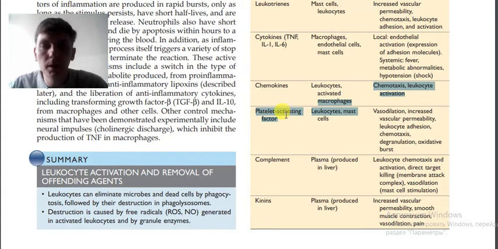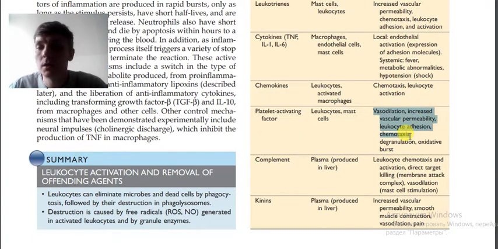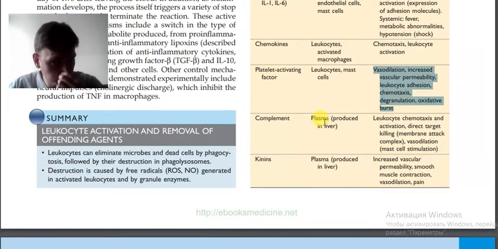Okay, and platelet activating factors. We require platelet adhesion in this area to produce a clot. Sometimes it's required, and they are produced by leukocytes and mast cells. The function is vasodilation, increased vascular permeability, leukocyte adhesion, chemotaxis, degranulation, and oxidative burst. That's their action. And they activate platelet formation.